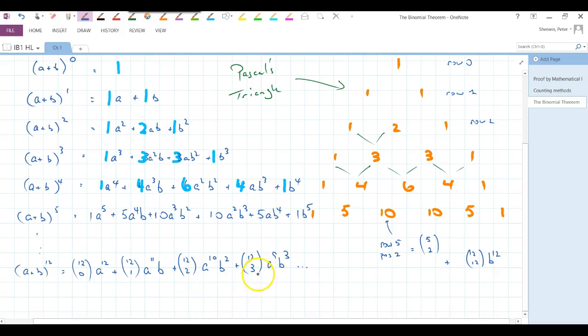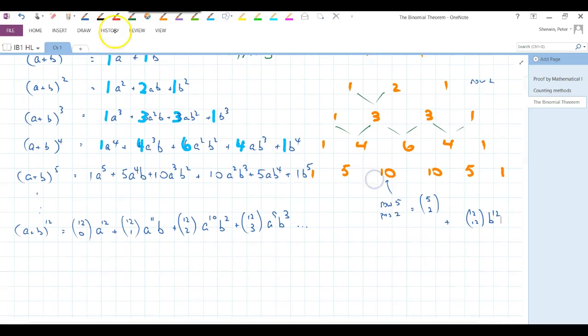We can use the calculator to pull out these values here, and now we can calculate the expansion. We can work out the expansion of any binomial to any power using our knowledge of nCr. So let's just pick out another couple of things here. nC0 is equal to 1, and in fact nCn is equal to 1, because nC0 represents our first number in our Pascal's row, and nCn represents the last entry in our Pascal's row.